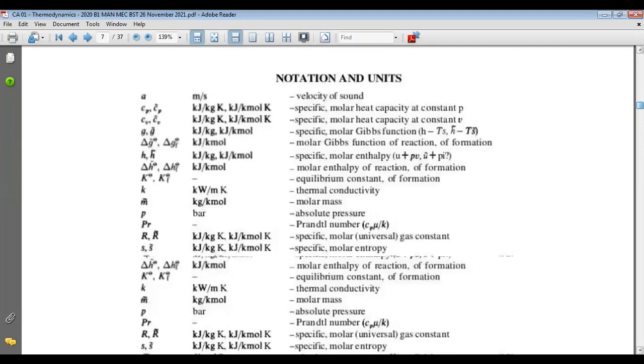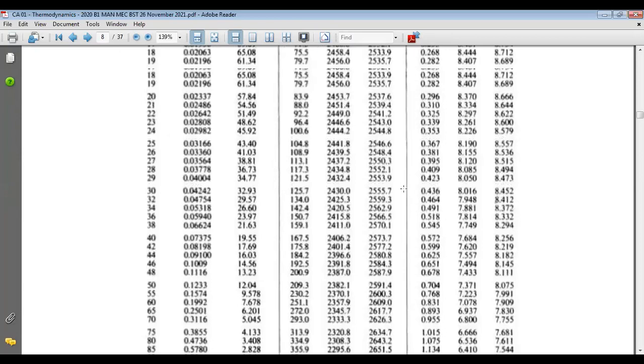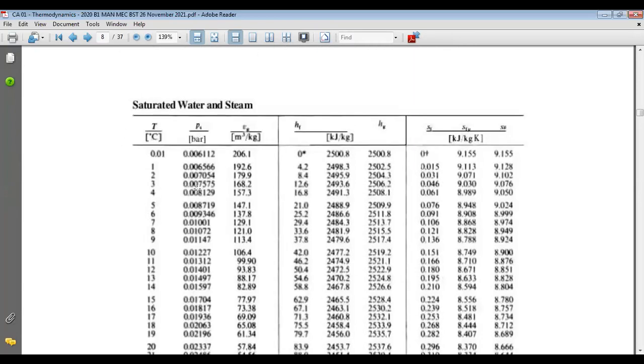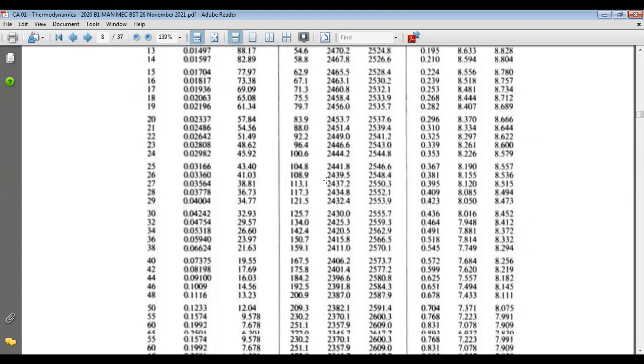So here you can see for water, it's the same way. Temperature, pressure. This is related to density, enthalpy, dew enthalpy, bubble enthalpy, entropy, dew entropy, bubble entropy.